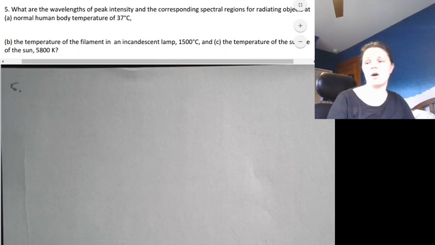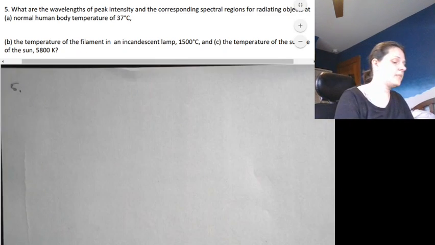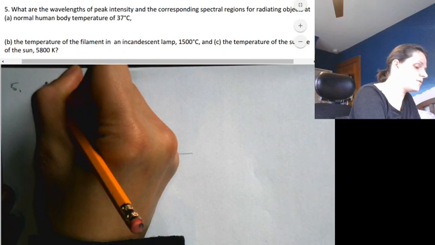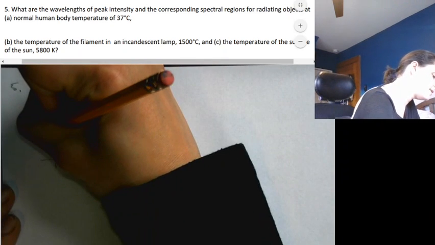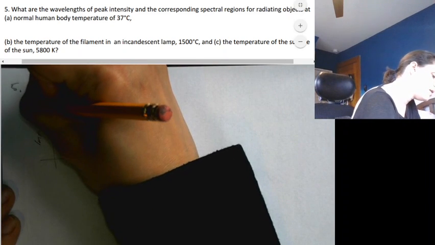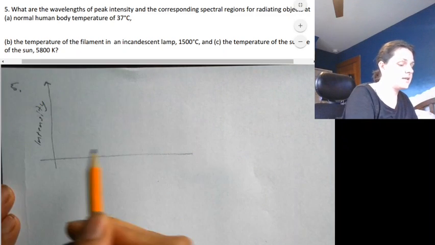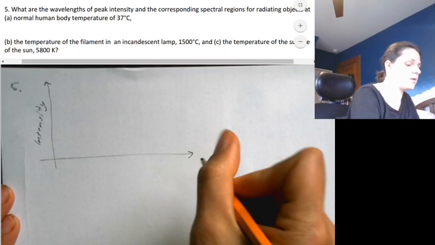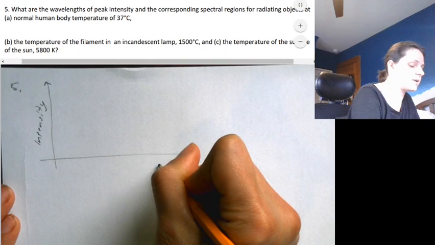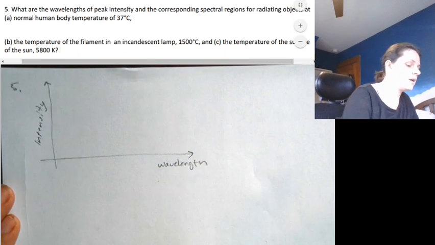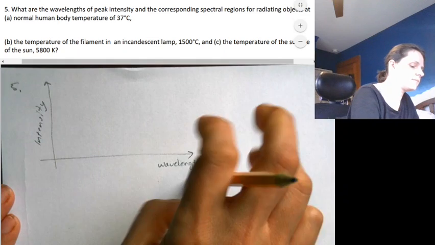Okay, so for this, I think in the class videos, I showed that you can think about the intensity of light that is output from an object. And over here on the y-axis, I'll say the wavelength.